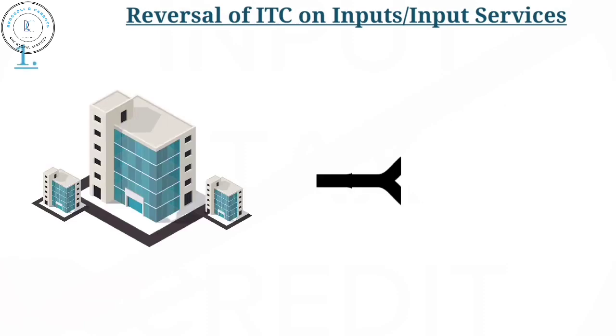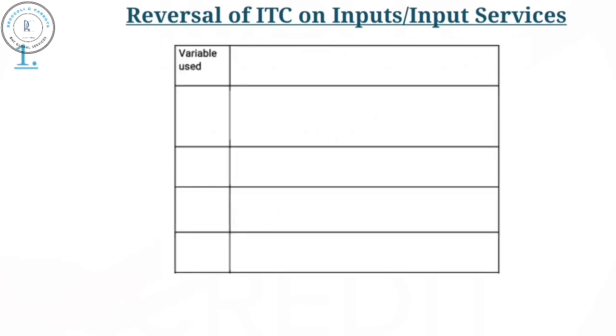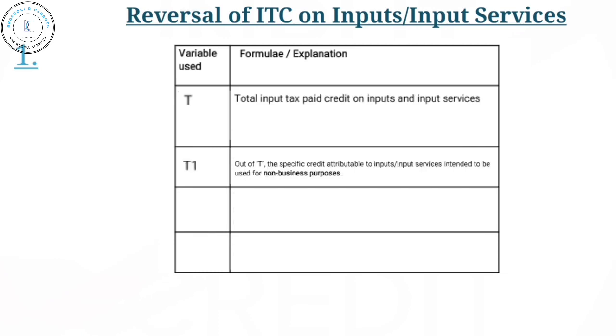Businesses must first segregate the specific credits that are ineligible for claim from the total ITC as follows. Variable used, formulae or explanation. T: total input tax paid credit on inputs and input services. T1: out of T, the specific credit attributable to inputs or input services intended to be used for non-business purposes.